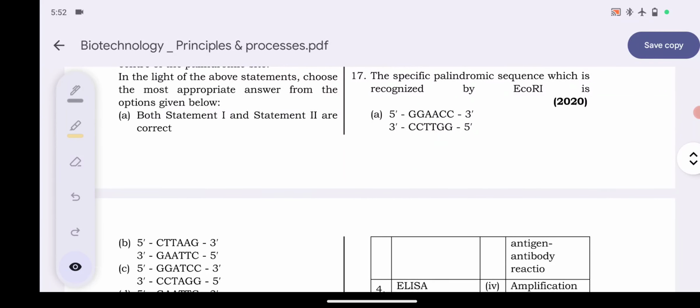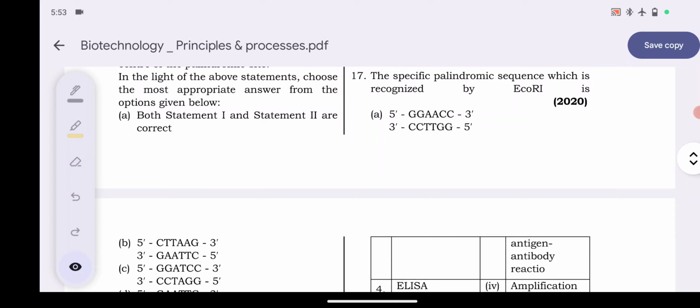Question number 17. The specific palindromic sequence which is recognized by EcoRI is... So which one is the answer?